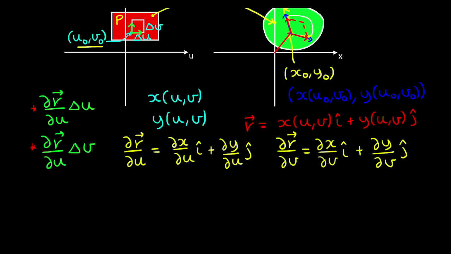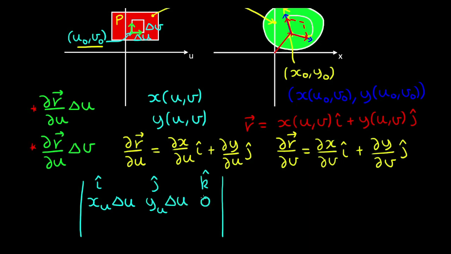So what we do is take the cross product between these two vectors. So we have the i, j, and k components. And for the first tangent vector, we have the partial of x with respect to u by delta u, and the partial of y with respect to u by delta u, with a 0 z component. And we have the partial of x with respect to v by delta v, and the partial of y with respect to v by delta v, and a 0 z component.